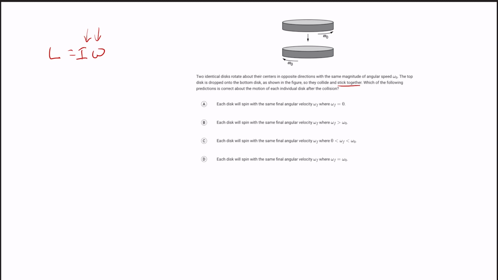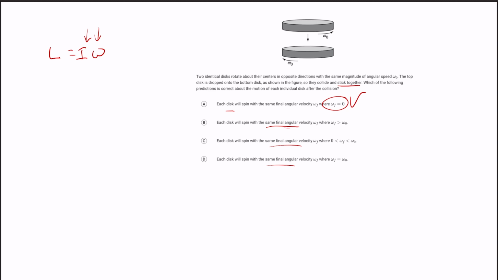A says each disk will spin with the same final angular velocity, which is zero. Well, that is what I just said, so that sounds pretty good. Let's see what the other answer choices say. First off, one thing we know is that if they stick together, their final velocities will be the same, and that's what they all say. Another choice says each disk will spin with the same final angular velocity that is greater than their initial velocity.